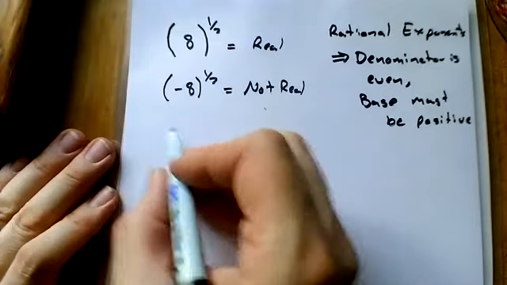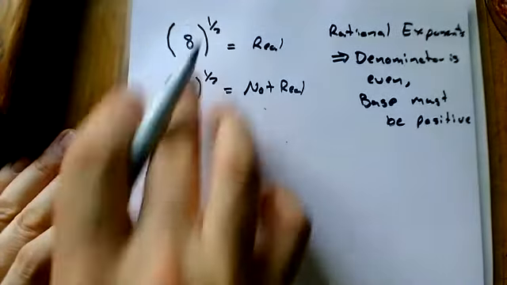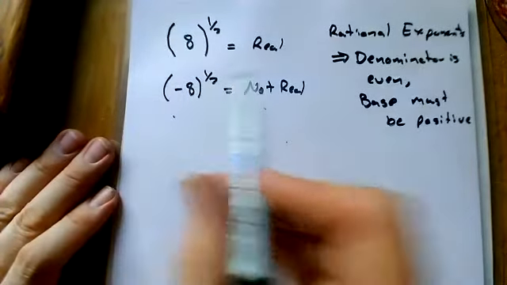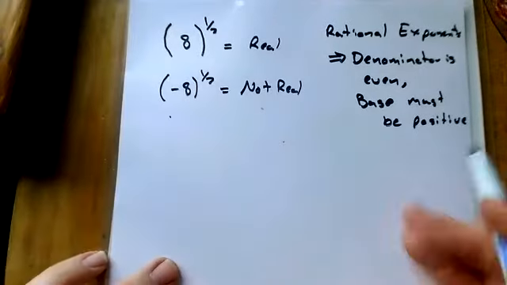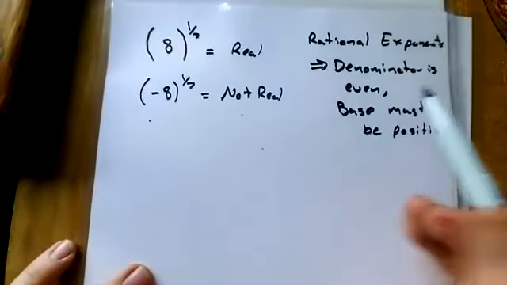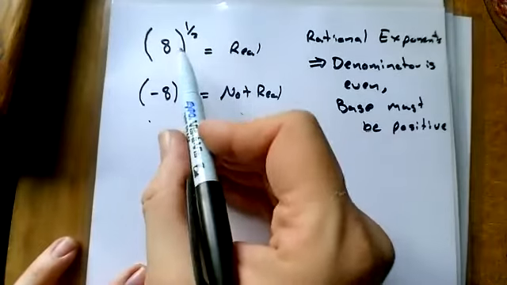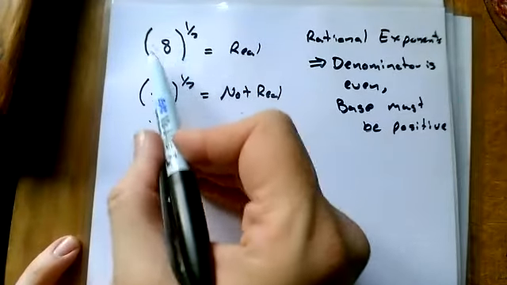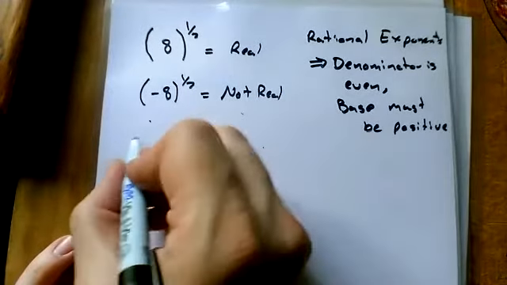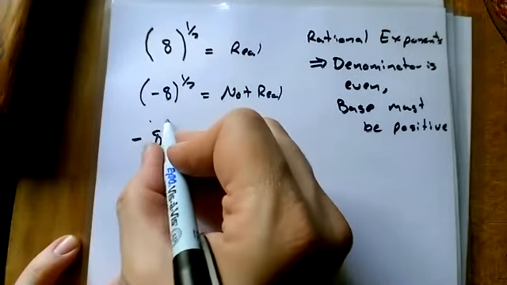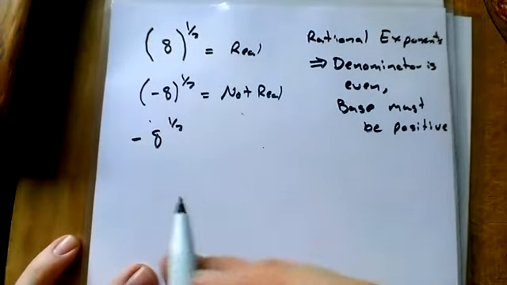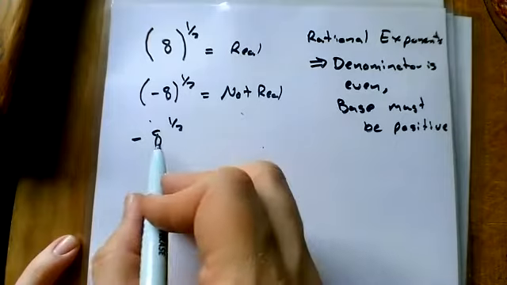But funny thing is, be careful, when you're paying attention to this, it all depends on what the base is. Here, the base is positive. Here, the base is negative. If I've got a -8 to the 1/2, remember, exponents only apply to what they touch.